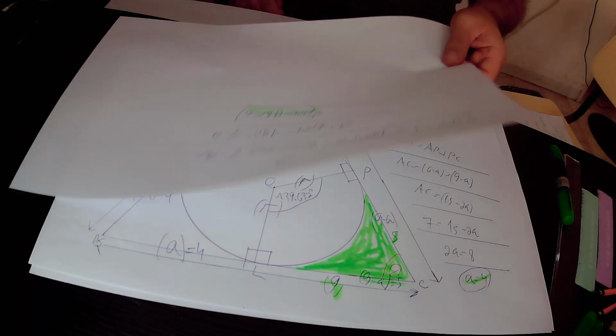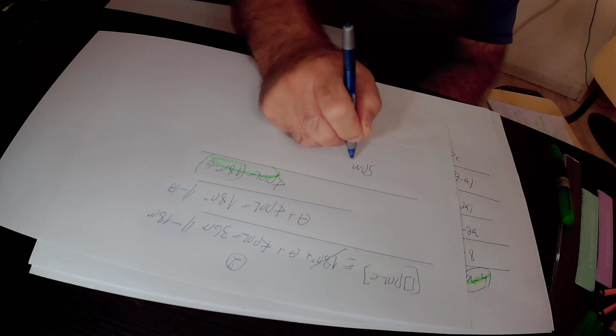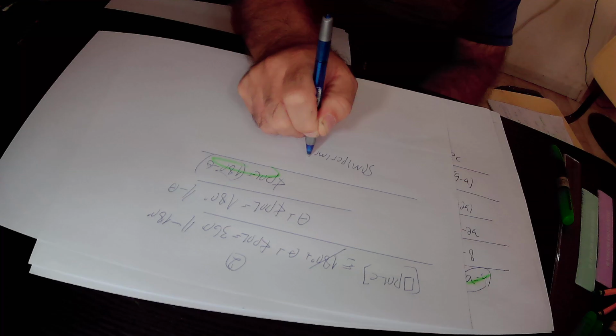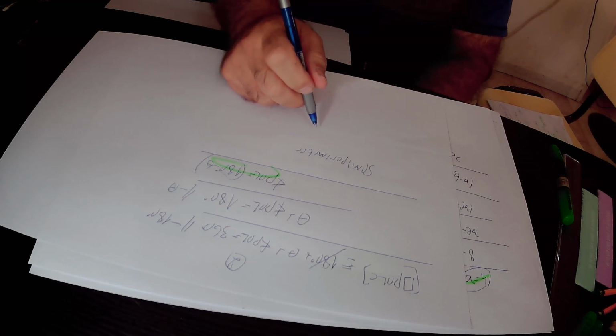So the semi-perimeter of triangle ABC, S is the notation for semi-perimeter.